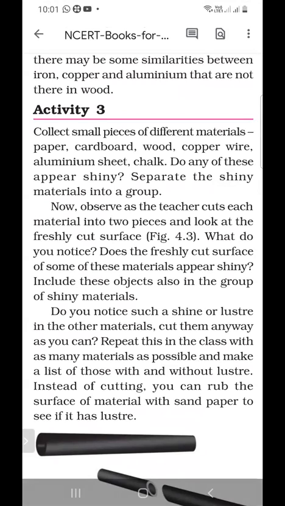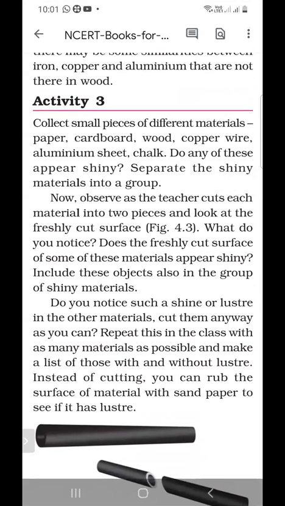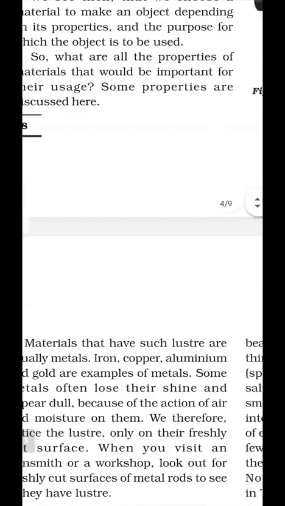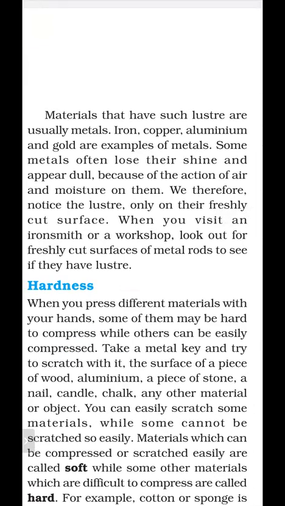And the second method is rubbing the surface of the material with sandpaper. If we rub the material with the sandpaper and it shines, then it is lustrous, and otherwise it does not have luster. So some materials, just like the metals iron, copper, aluminium, have luster, and some materials which do not shine are called non-lustrous.